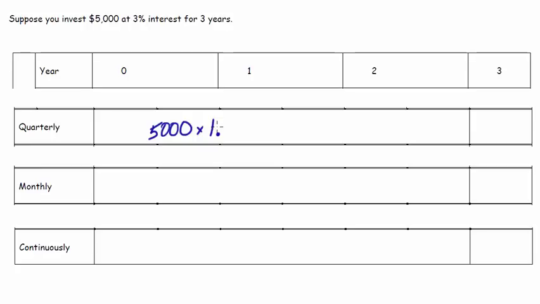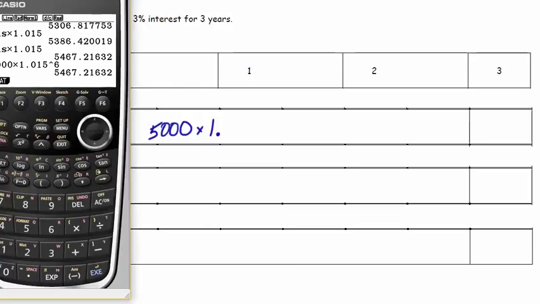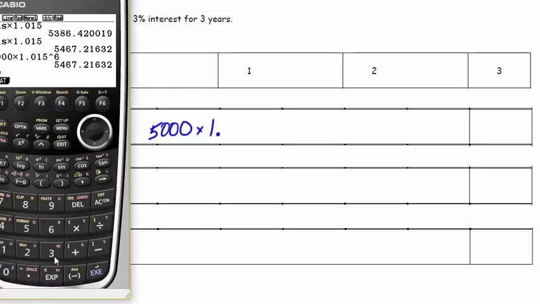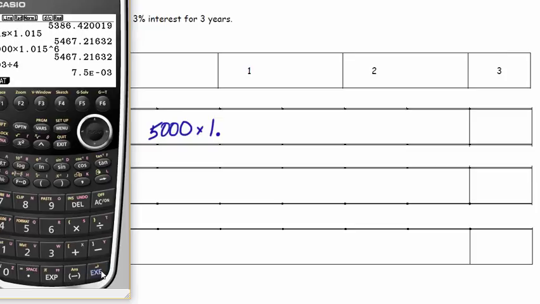But I'm going to be paid 4 times a year. So I'm not going to get the 3% all 4 times. I need a fourth of 3%. So I'm going to take my 3% and I'm going to divide it by 4. Okay, now this is scientific notation, which would be 0.0075.